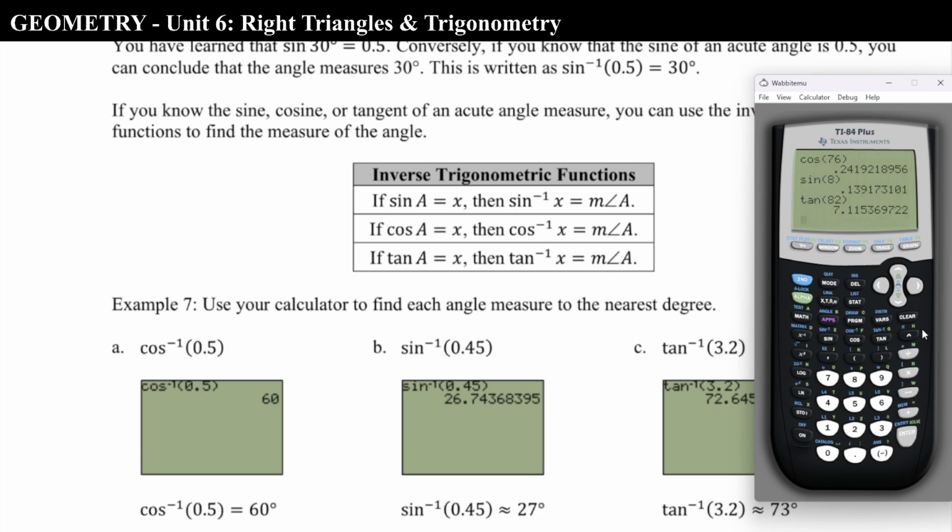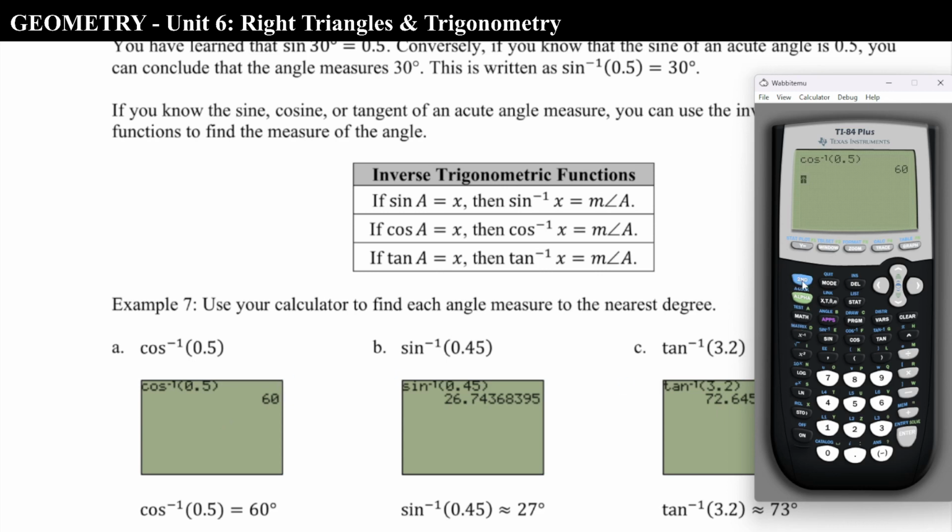So let's take a look at inverse cosine. So you're going to use the second button and hit cosine, because you notice the blue text above is inverse cosine, and you're going to put in 0.5, and that gives you 60 degrees. And remember, make sure that you are in degree mode, not radian mode.